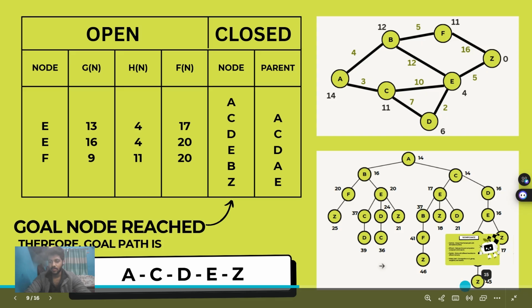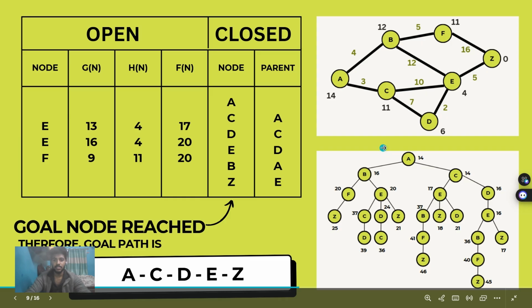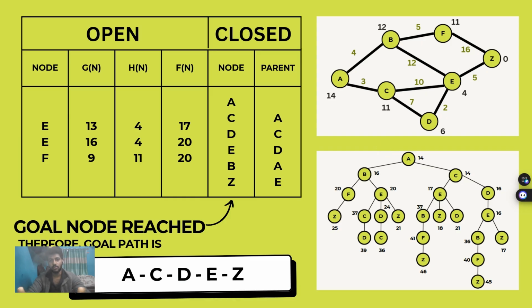From these, 17 is the least one, and we have found the least one. So this is the shortest path to reach from the start node to the goal node.